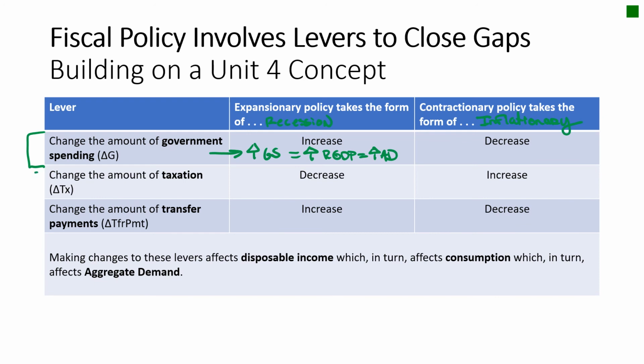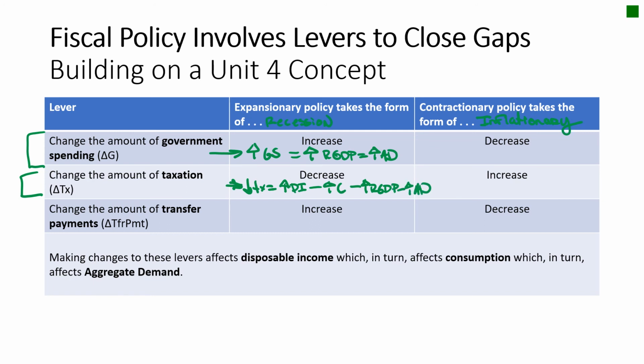If we wanted to use tax policy to change that, we would want to cut taxes across the board for all taxpayers, right? Because if you cut taxes, then that's going to increase your disposable income. Increase in disposable income should increase your consumption, which should increase your real GDP, which should increase your aggregate demand.